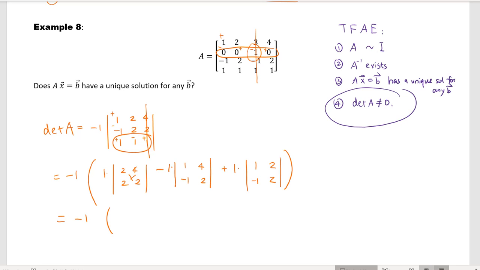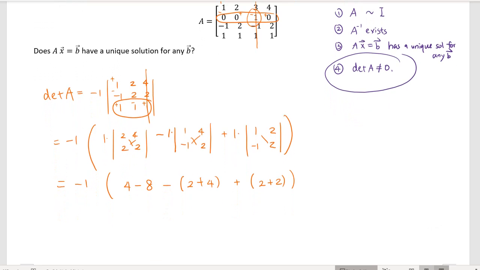Cross multiply: 2 times 2 is 4, 2 times 4 is 8. 1 times 2 is 2, negative 4 times minus 1 is minus 4, but the negative becomes positive. And 1 times 2 minus negative 1 times 2, so negative 2 becomes positive.